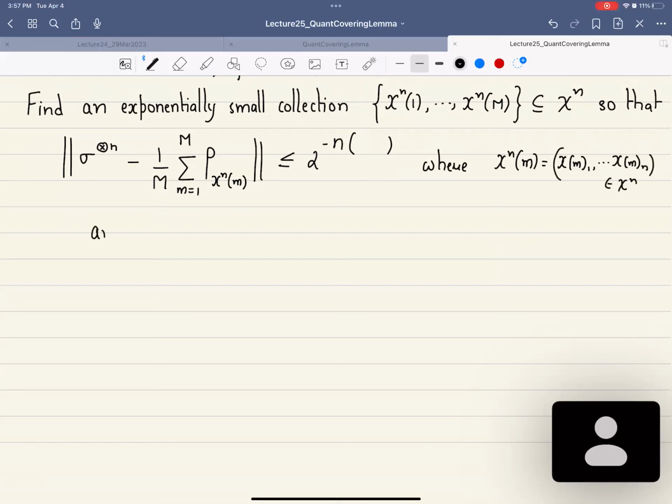And when I say ρ_{x^n(m)}, it is actually the tensor product over t equal to 1 through n of ρ_{x_t(m)}.